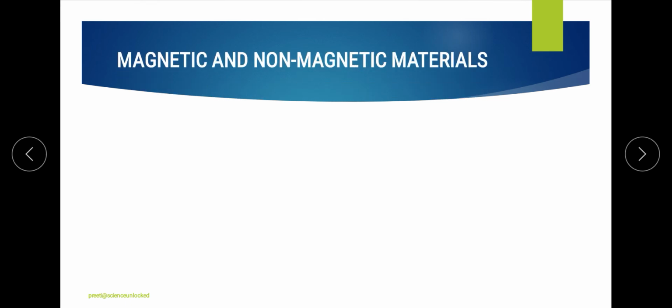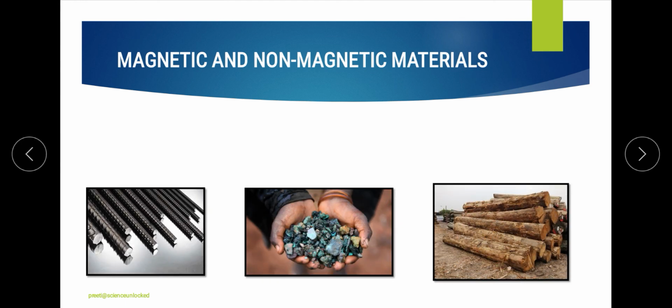Now the next aspect with reference to magnetic property is that we can categorize the different kinds of material into two categories, that is, magnetic and non-magnetic, depending on whether a material is getting attracted towards a magnet or not.